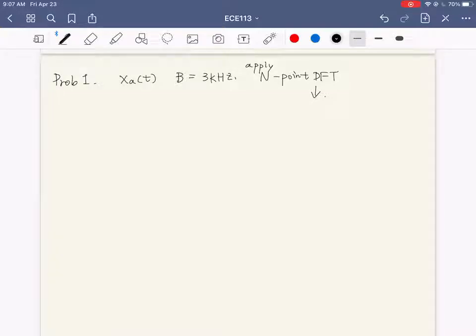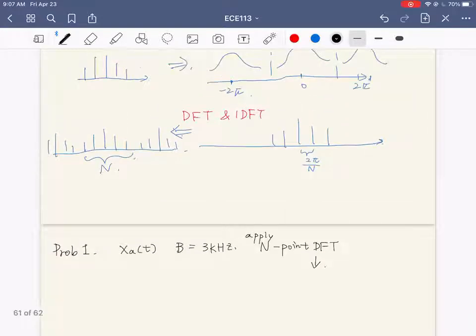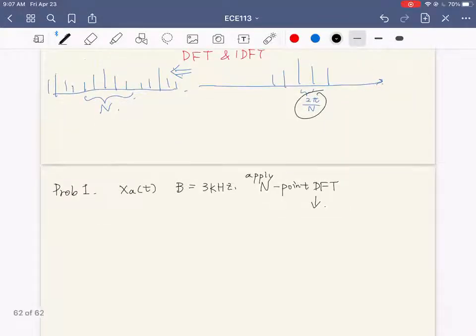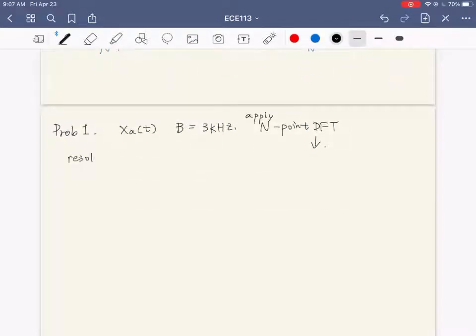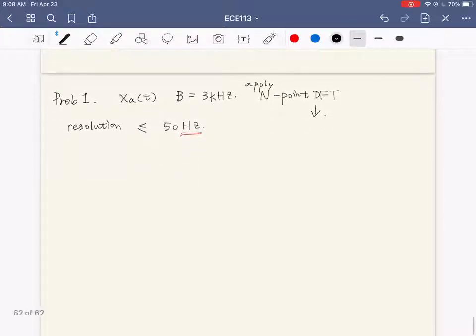And the resolution we discussed here is basically the separation between the samples in the frequency domain. So we want the resolution to be less than or equal to 50 Hertz. All right. So the unit is Hertz here. But you know, no matter whether it is in Hertz or in rad per sample, you're supposed to know how to convert them. And here are the questions.